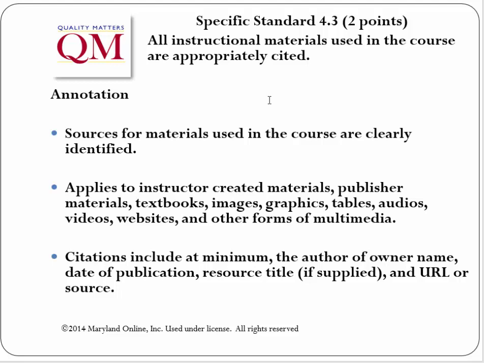Publisher materials, textbooks, images, graphics, tables, audios, videos, websites, and other forms of mass media. Citations should include at the minimum the author, owner name, date of publication, title, and URL or source. So that would be substandard 4.3, a 2-point standard. All instructional materials in the course are appropriately cited.